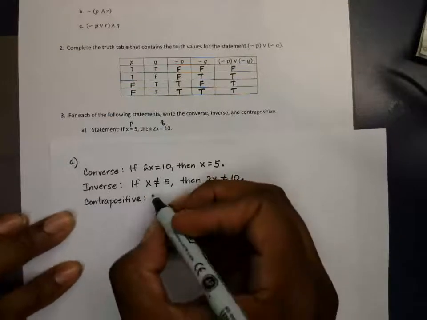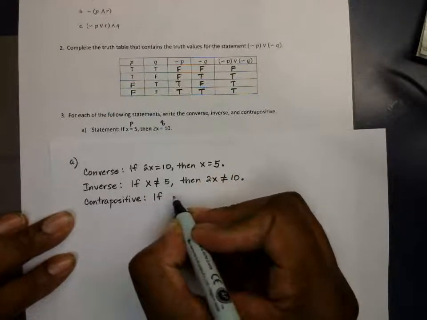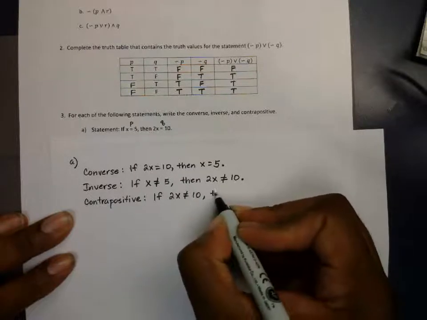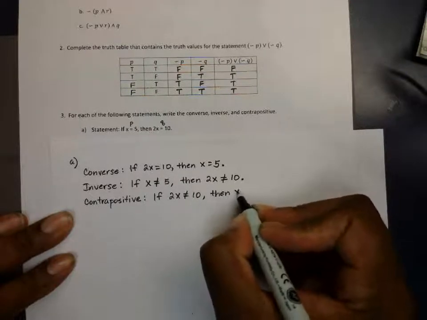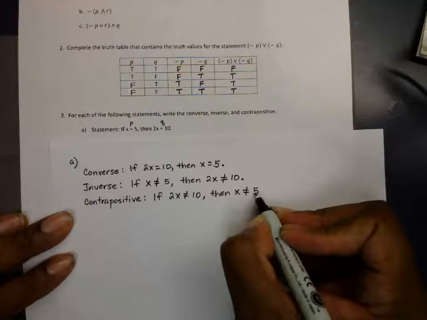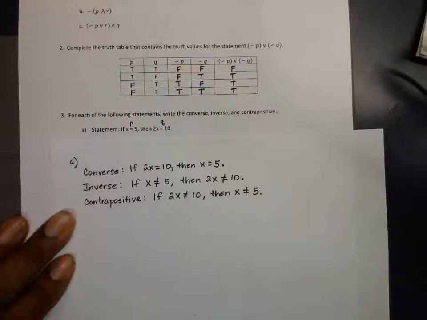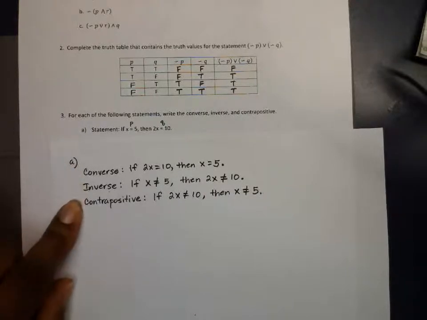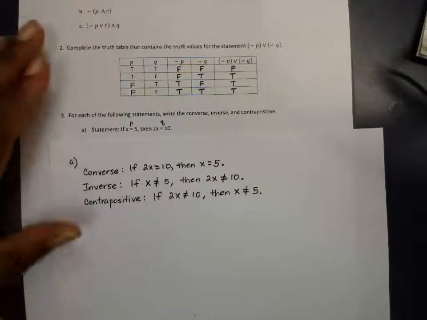So the contrapositive would be this. If 2x does not equal 10, then x does not equal 5. Okay, so that's how we write the converse, the inverse, and the contrapositive of that given statement.